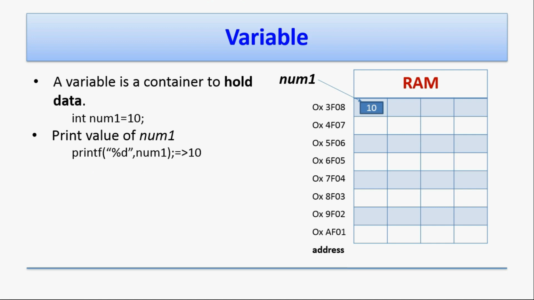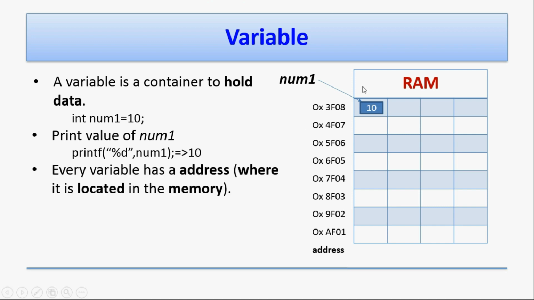Apart from the value of the variable, every variable has its own address, right? So now you know what an address is. Address means where it is located in the memory space. If you want to print the value of the variable, just using the variable name inside the printf command, we can print the value.